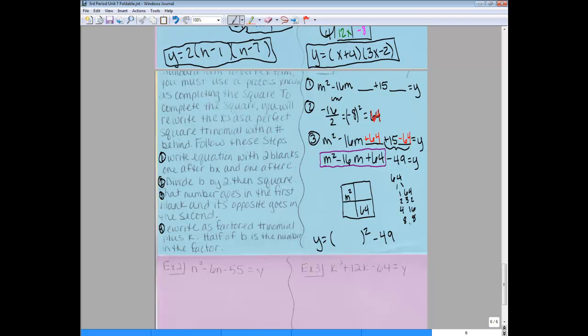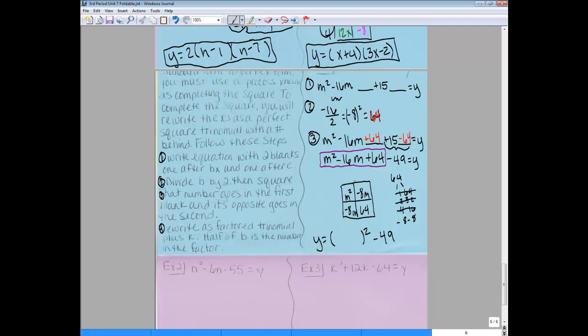Okay, which one of these can I put together to give me negative 16? There is no way to get negative 16 from 1 and 64. There's no way to get negative 16 from 2 and 32. There is no way to get negative 16 from 4 and 16. But if I make both of these negatives, it will give me negative 16. So negative 8m and negative 8m.